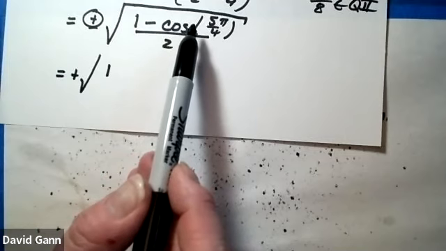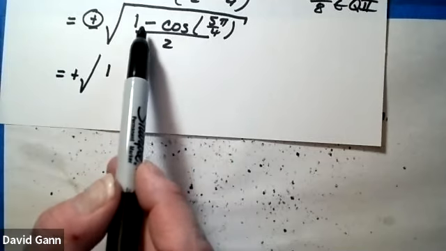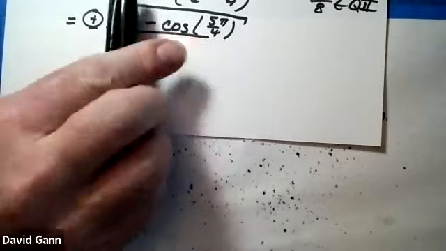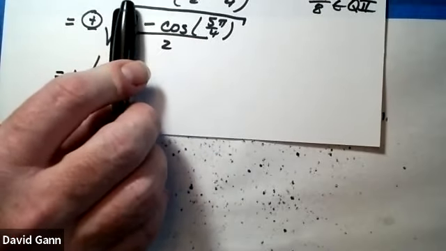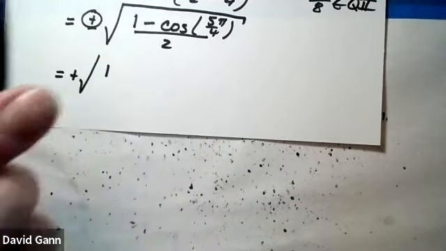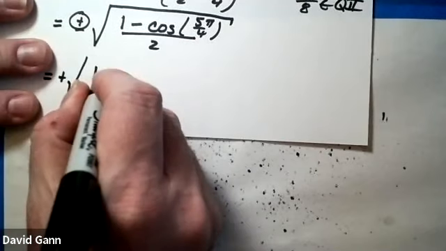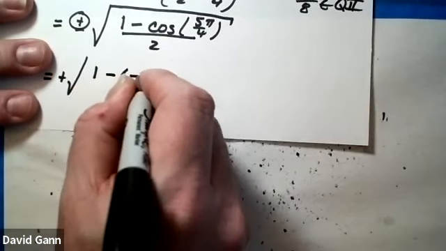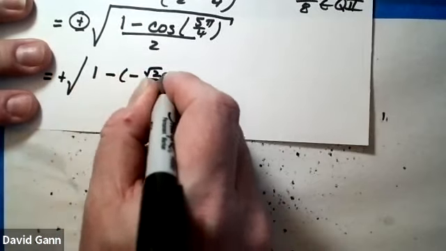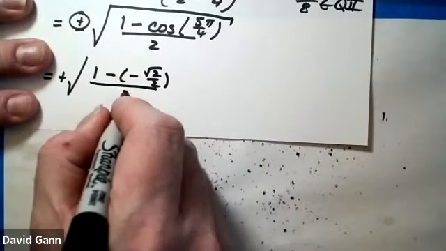Sorry, the absolute value is square root of 2 over 2, but it is negative because it's quadrant 3, and then we have this negative sign, which changes it back to positive. So the numerator is going to be 1 minus negative square root of 2 over 2, all over 2.